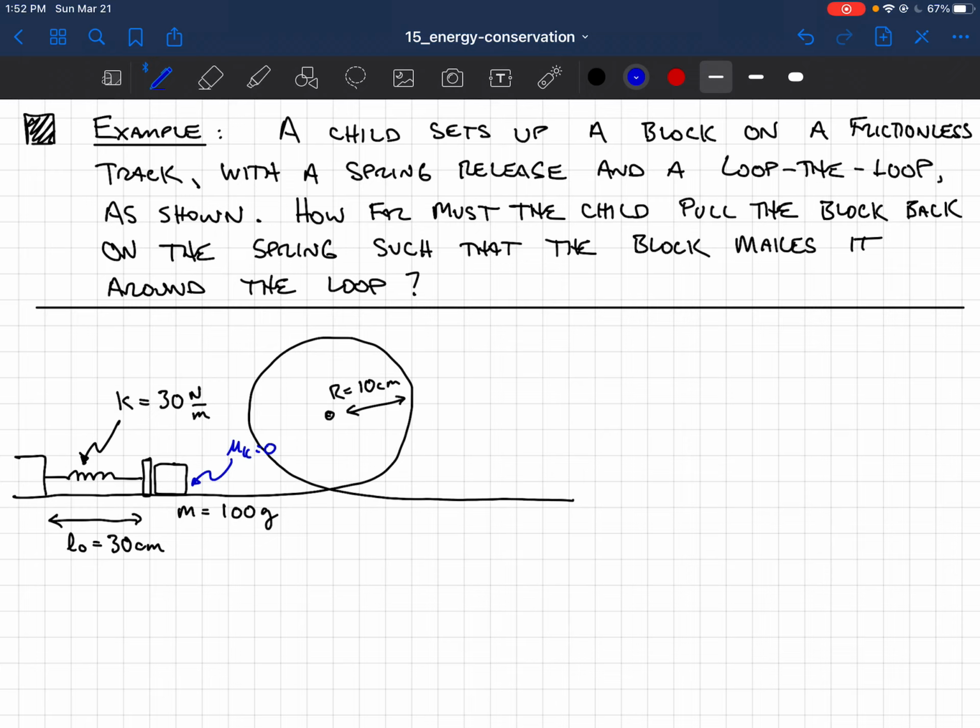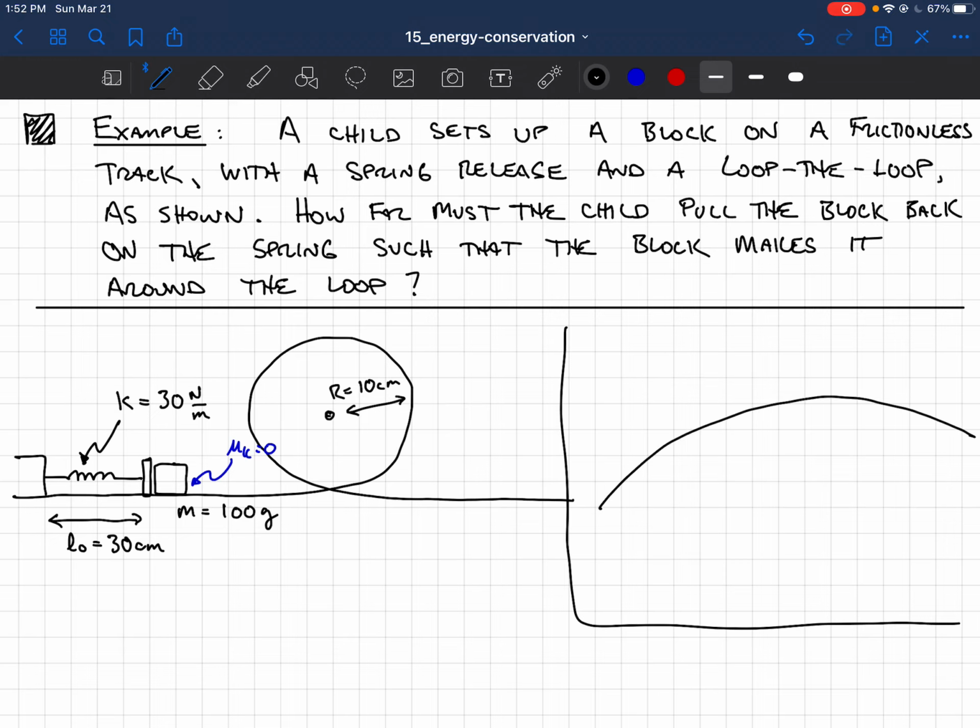So what does it mean for the block to make it around the loop? Well, it means that when it gets to the top, let's look at it at the top. So here is our loop, and the block is going to be like this. This is basically a circular motion problem.